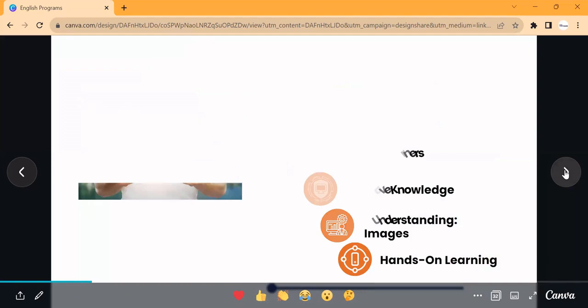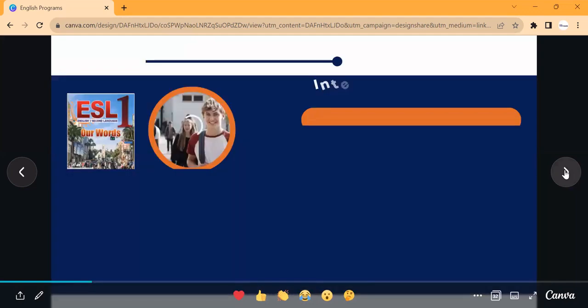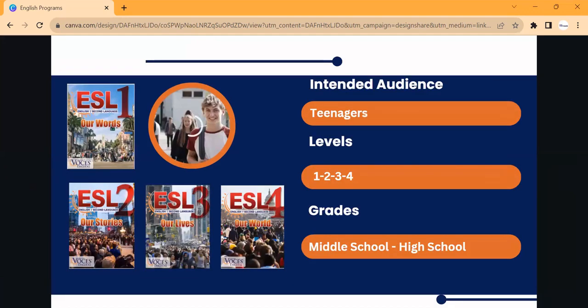The first title that we are going to discuss is ESL 1. With ESL 1, you have 4 levels. The intended audience for ESL 1, 2, 3, and 4 are teenagers. So we would be suggesting using this series for grades that are middle school and in high school too.